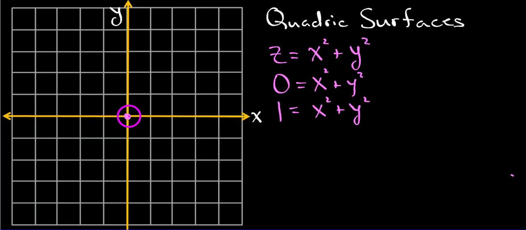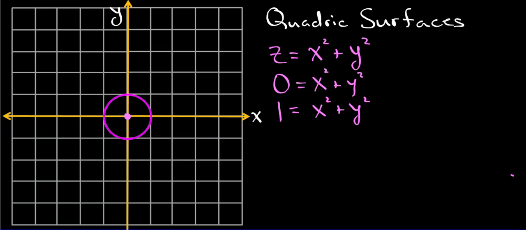It's got a radius of 1. Maybe I can make this look a little more accurate. There it goes. So remember, you're standing above the xy plane, and you're looking down, and there's what you see at z equals 1.